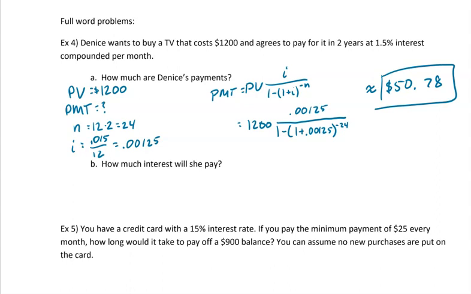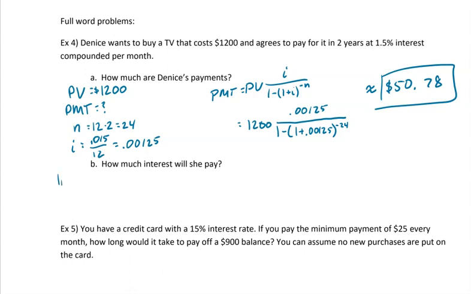For the next one, it's how much interest will she pay? All right, so if you remember from the last one, interest can be found just by taking that total and figuring out how much you actually put in yourself. For present value, it's a little backwards than it was for future value.